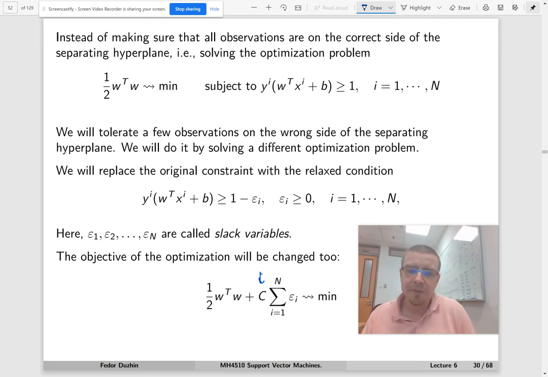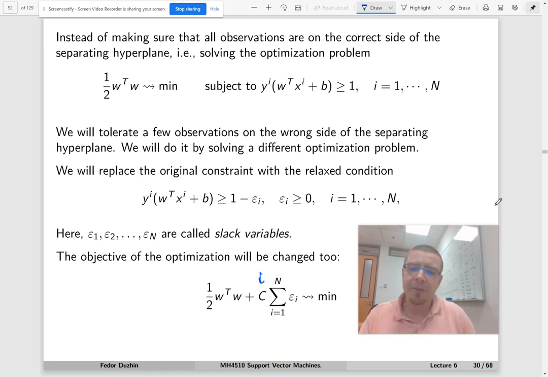If it is large, it means that it is expensive to misclassify as compared to change in W. And if C is small, then it is basically cheap to misclassify.